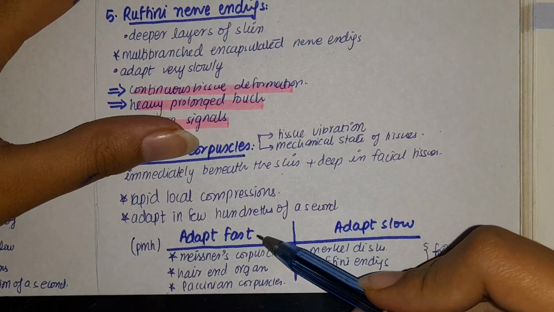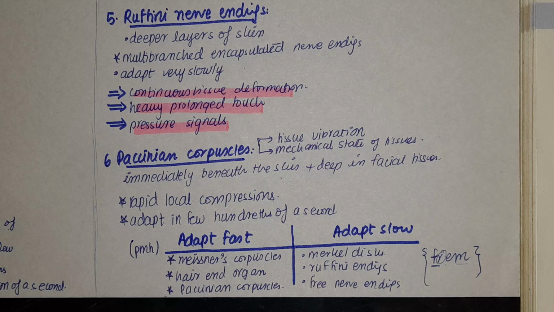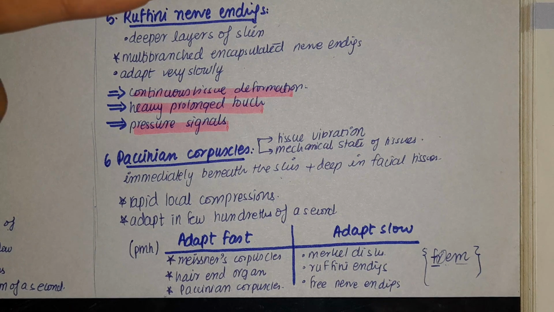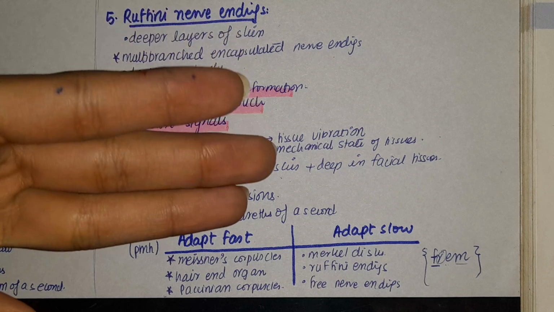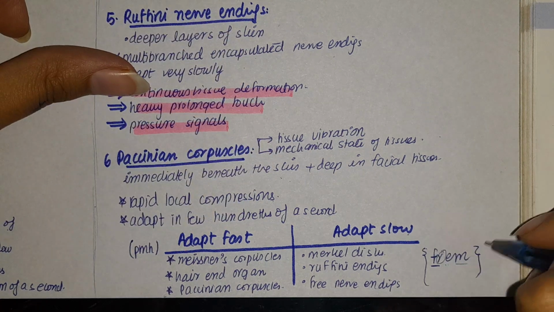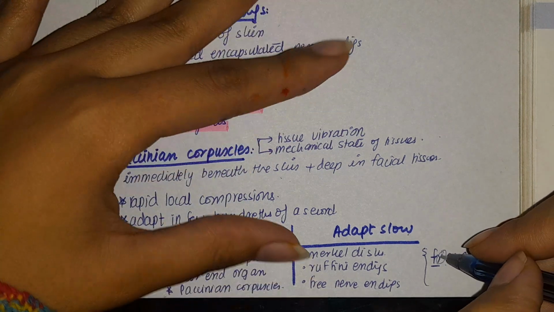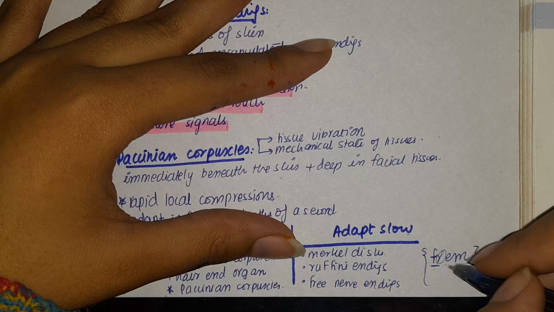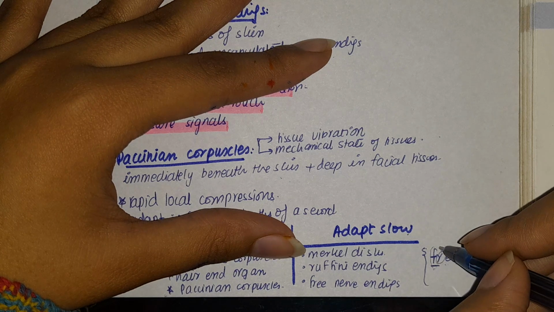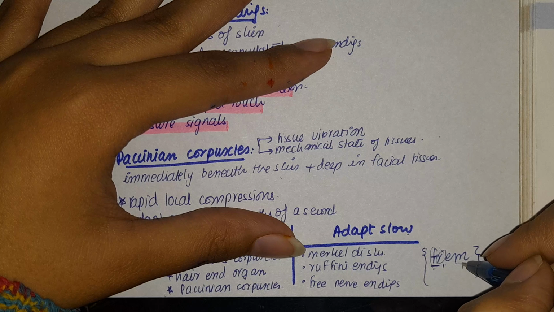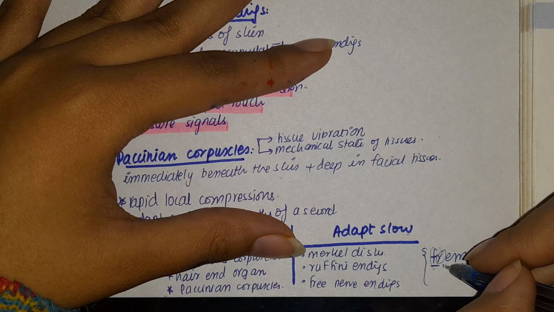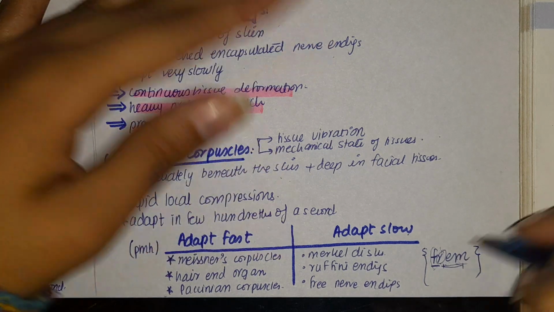For the ones which adapt fast, I have a mnemonic, that is PMH. P is for Pacinian corpuscle, M is for Meissner corpuscle, and H is for hair end organs. And the ones which adapt slowly are FREM, from the small form of friend. F is free nerve ending, R is the Ruffini nerve ending, and M, if you trace it backwards, MER, is Merkel disc.